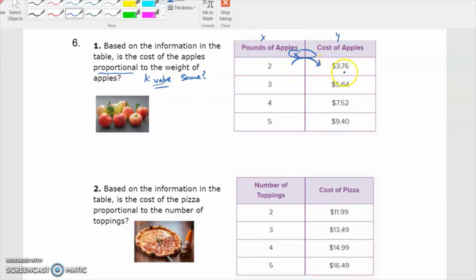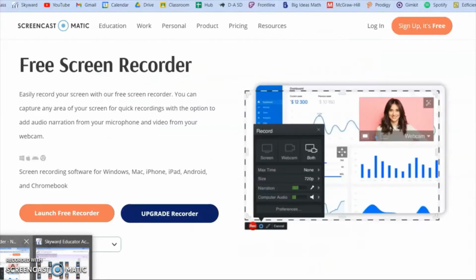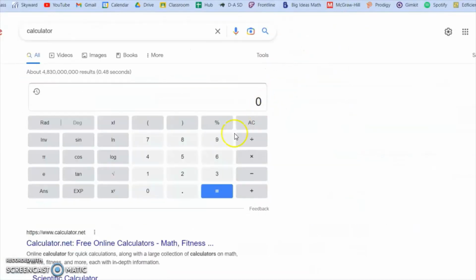So for the first one, it's $3.76 divided by 2. Bring up my calculator here. $3.76 divided by 2. That equals $1.88. The next one is $5.64 divided by 3 pounds of apples. Hey, gives me the same answer. The next one, $7.52 divided by 4 pounds of apples.